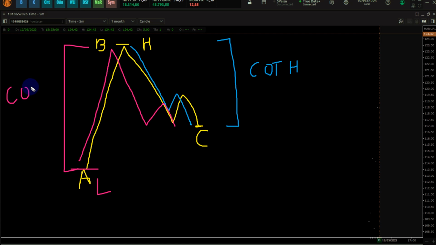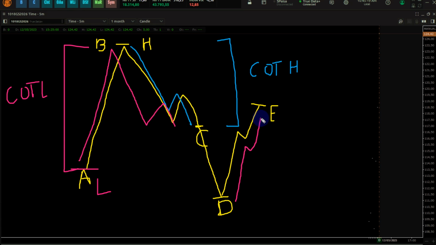Okay, so now let's extend the bar. So let's see what happens next. Now at some point the bar goes down and it makes a new low at D. Okay, and it comes back again, and this is the last traded price at E. So what is COT low now? COT low is nothing but this part, the delta between D and E over here.